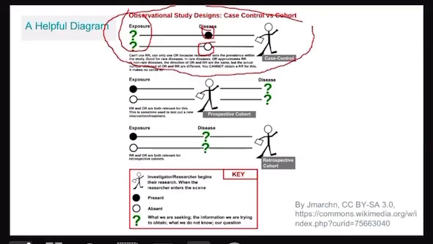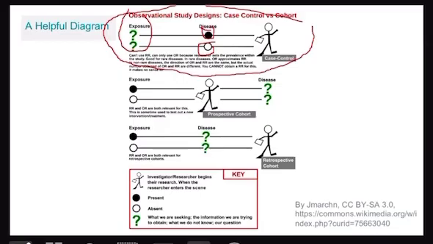Now, when I have a case control study, we can actually use odds ratio in figuring out the association between the two. Using relative risk may not really do a great job.